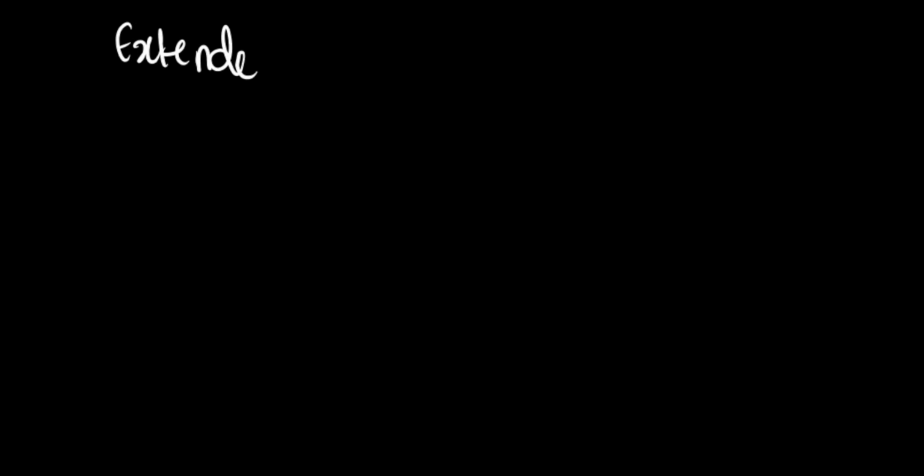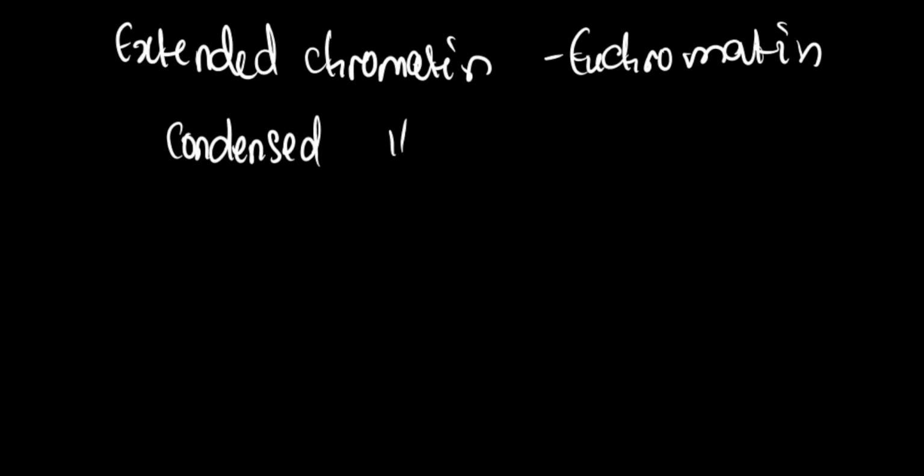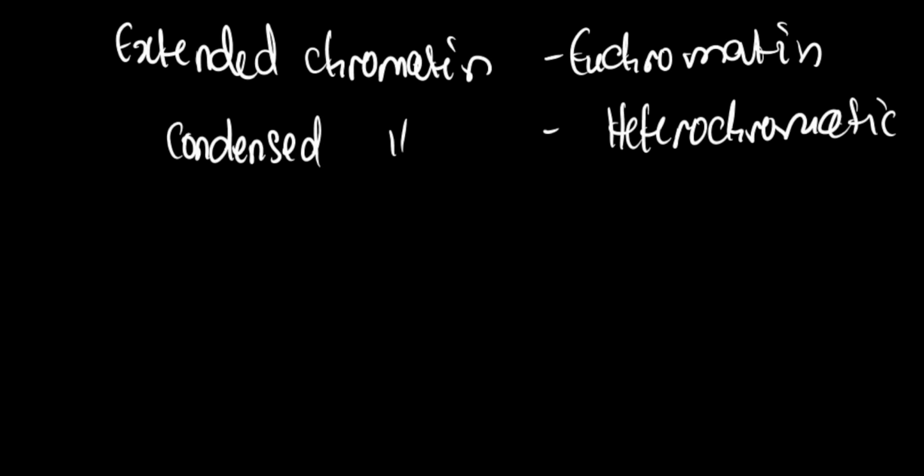When we have extended chromatins, they are called euchromatins. And when they are condensed, they are heterochromatins. As we'd go on to see, when a cell is in the interphase, so when a cell is not dividing, it's simply carrying out normal metabolic activities, we'll get to see that some of the chromatins are extended and some are condensed.